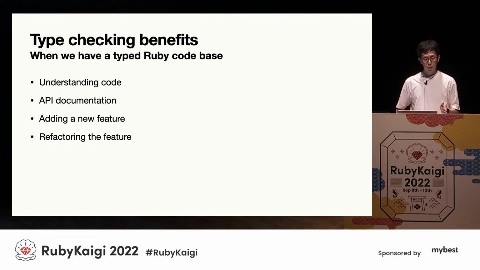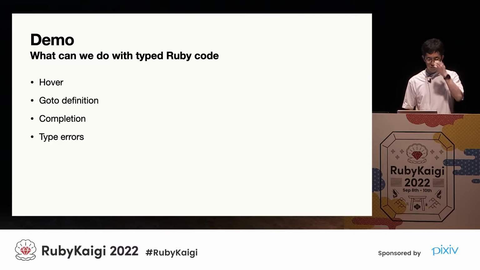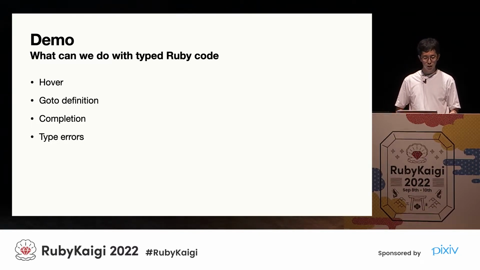So it will help you understand code. The RBS files work as API documentation. So when you add some new feature, it will help you write the Ruby code, and refactoring will be somewhat easier. And I want to start the demonstration.